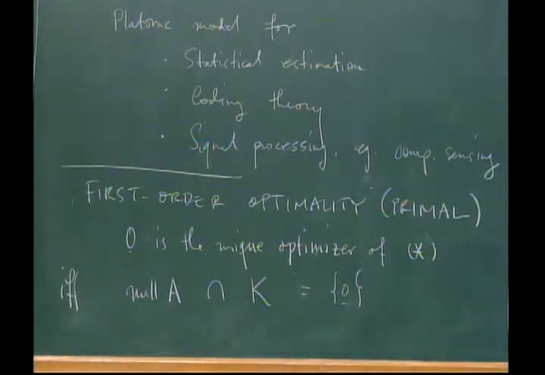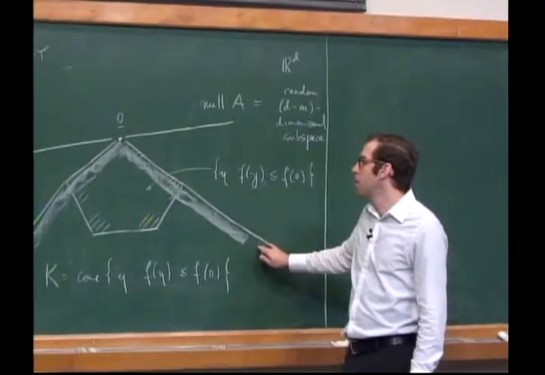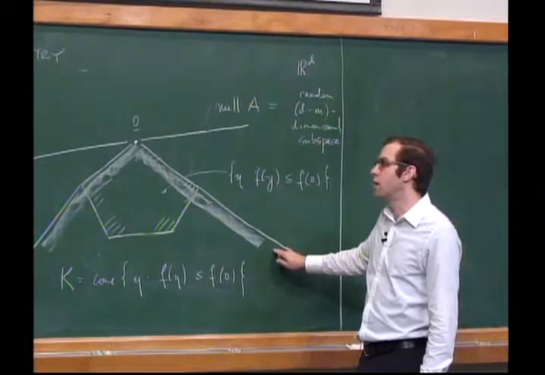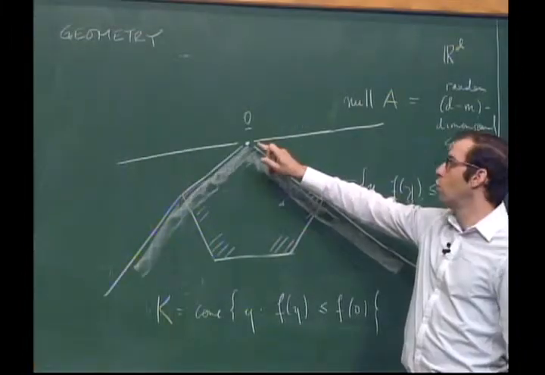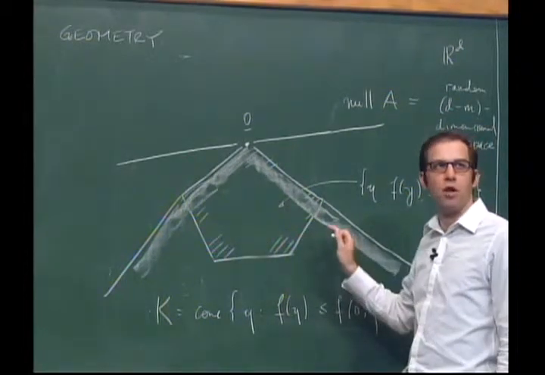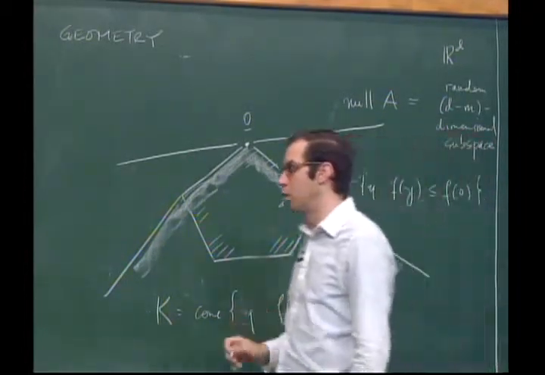Okay? So part of the reason for passing from the sublevel set to the cone is that cones are geometrically simpler objects, and if we're only interested in understanding the question about whether 0 is a solution or not, we'll find that this cone contains all of the information that we need.